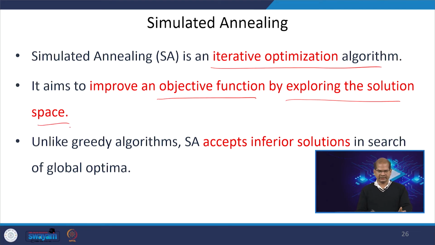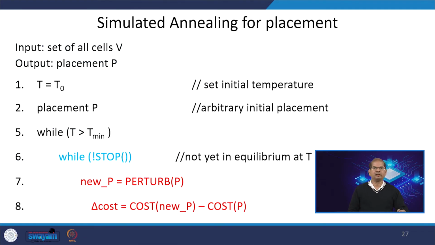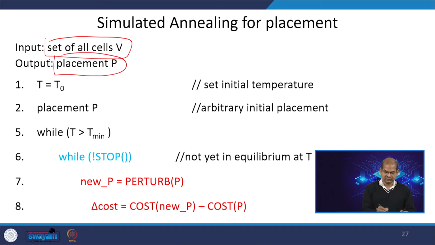Unlike a greedy algorithm, simulated annealing accepts inferior solutions in the search for the global optimum. The input to the algorithm is the set of all cells V, and the output is the placement of all the cells. The simulated annealing algorithm is based on a temperature profile.